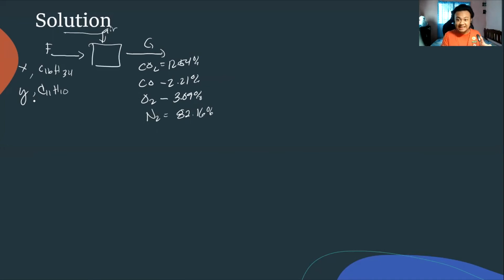The way we get this is through elemental balance, di ba? As you can remember in the very first video, I made an elemental balance on each species, di ba? So C, H, and O. We also have to do that here.